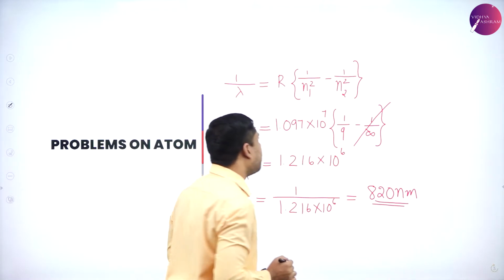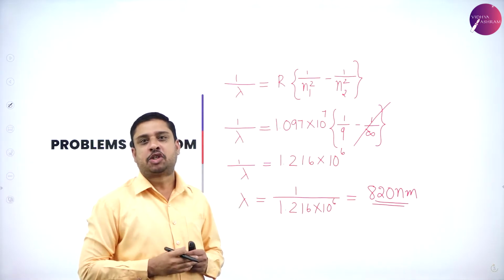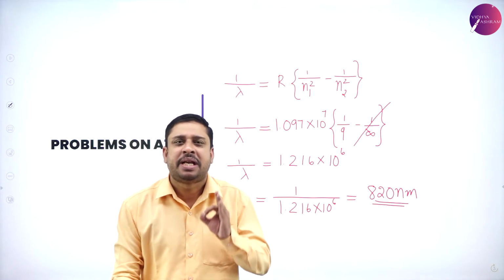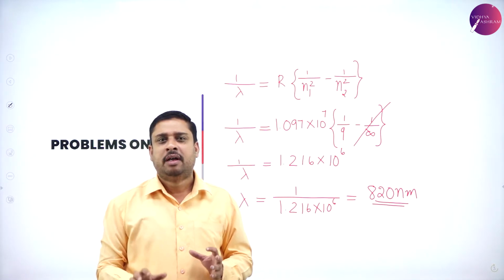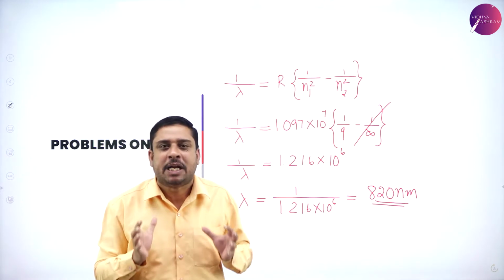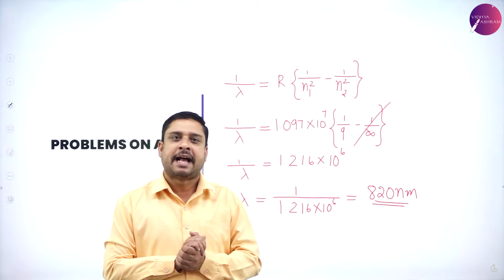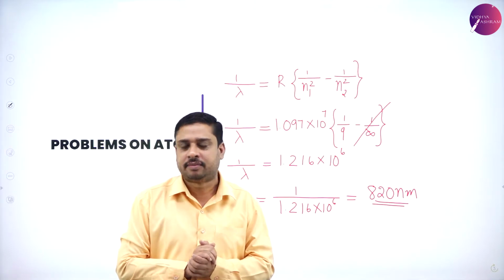This is the final step of calculation. See, again, one empirical formula, how to take n1 and n2. Very easily we arrive at the solution.